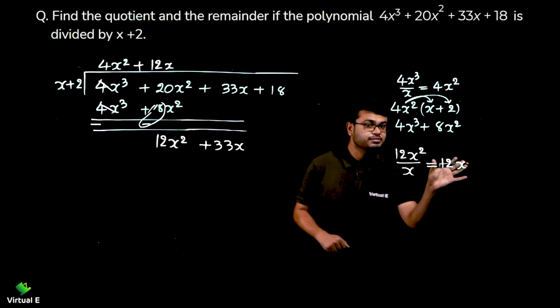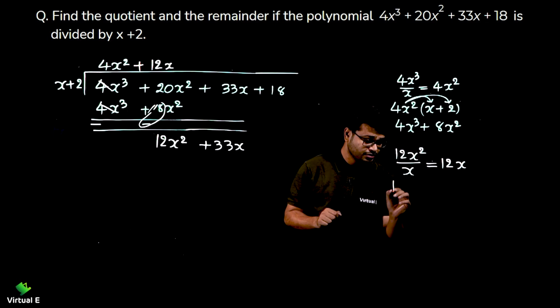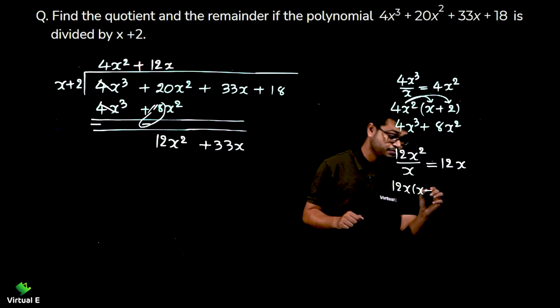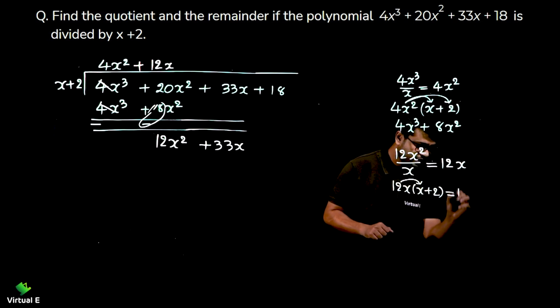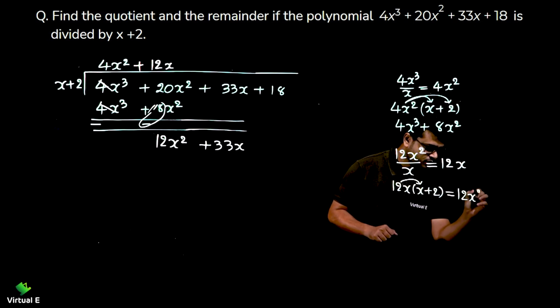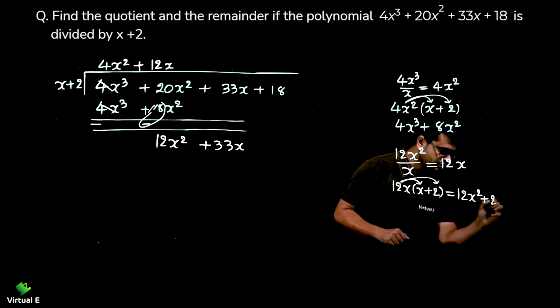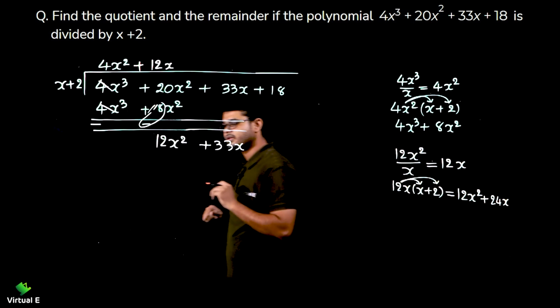Now with this term, what are we going to multiply? That is divisor. So 12x into, what's the divisor? X plus 2. Let's multiply 12x into x will give you 12x square, and 12x into 2 will give you 24x. Simple. Now let's write over here.